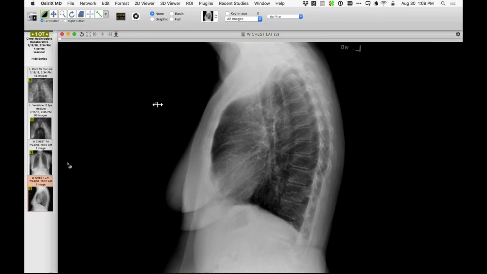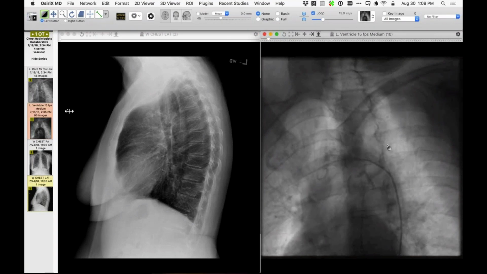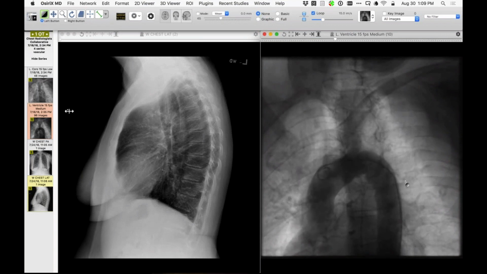So I'll just leave that up by itself for a moment and show you that on the basis of angiography that was done, not on the basis of the radiograph, but because the patient has substantial symptoms of arterial ischemia, you'll see that what's interesting about this angio is that we have a very narrowed innominate artery.